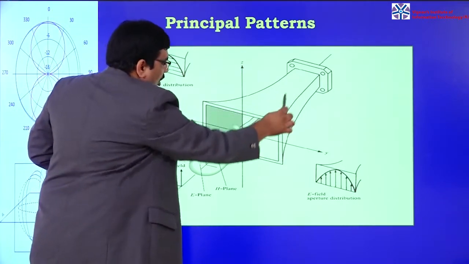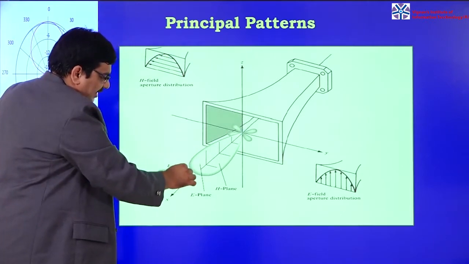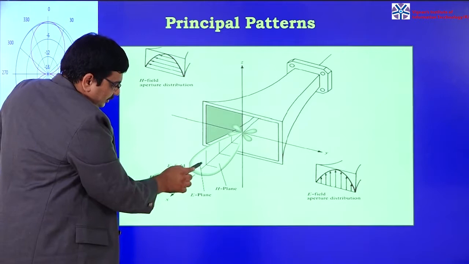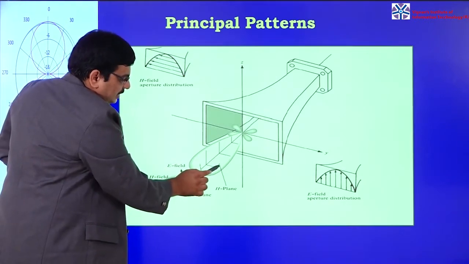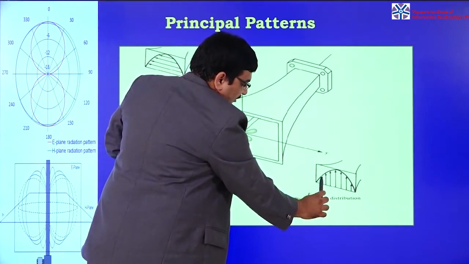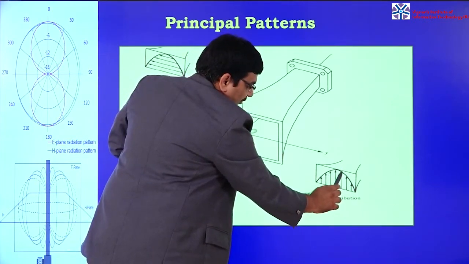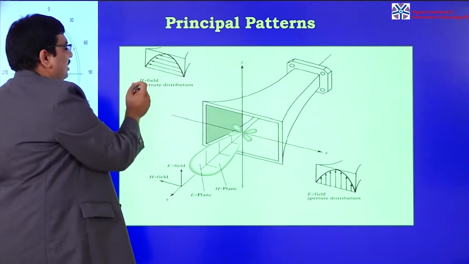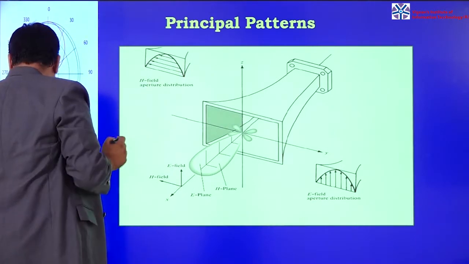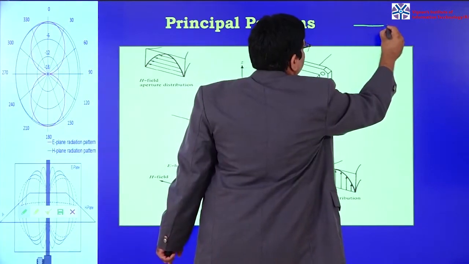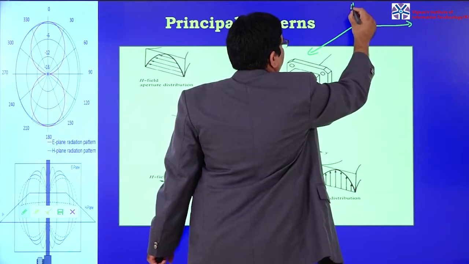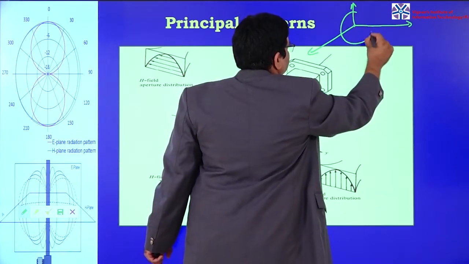So, this is a horn antenna and this is the radiation pattern of that antenna. Here there are 2 planes, the E plane and the H plane. Here we are cutting one plane with the E fields and the maximum amplitude distribution, and here we are cutting the H field and its distribution. We are taking planes in XYZ.